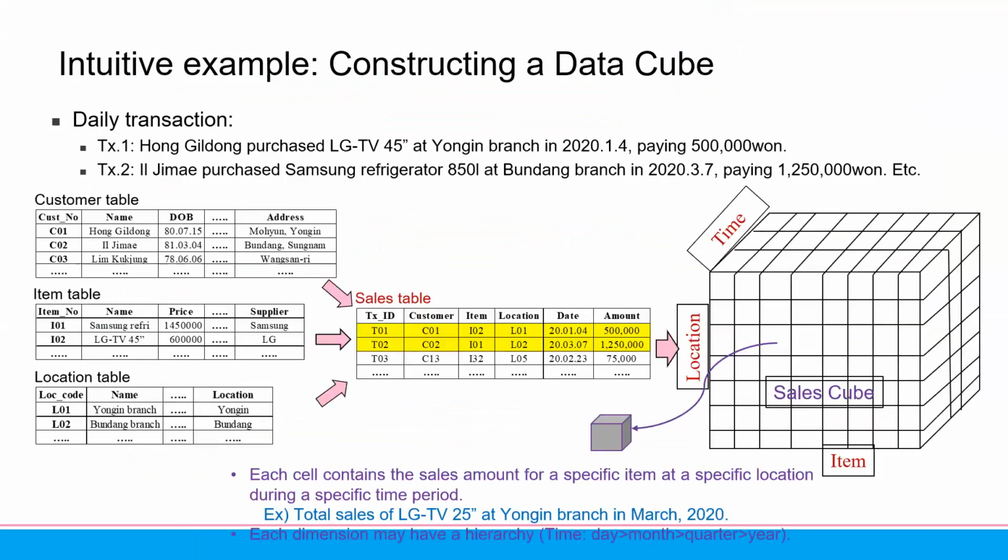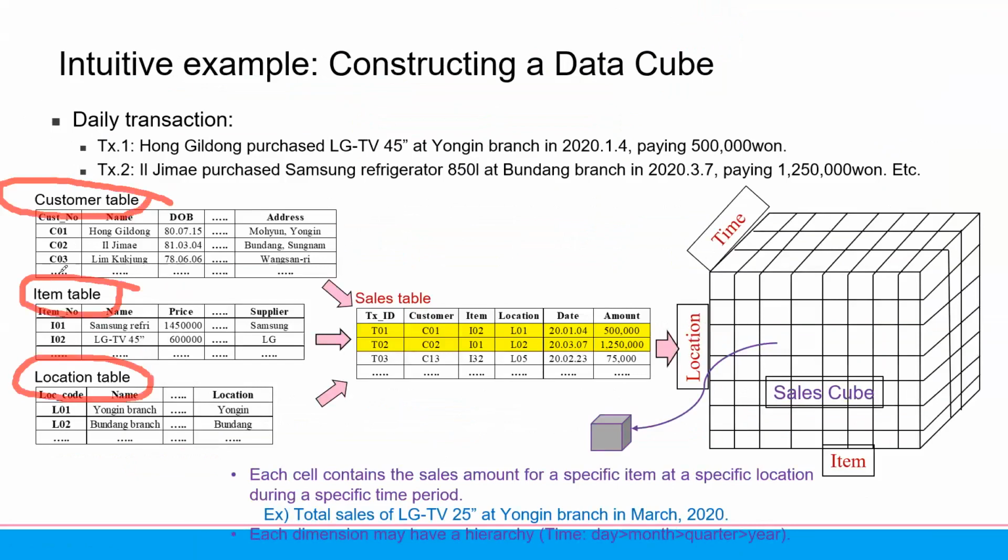Okay. I have daily transaction data. When you have transactional data, you put the data into different tables. We have the customer table, the item table, and the location table.